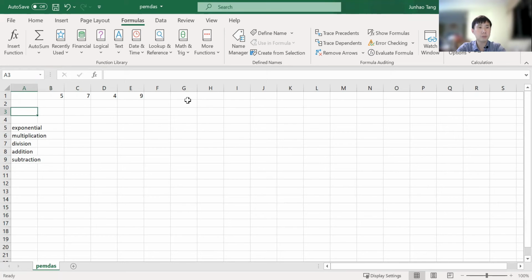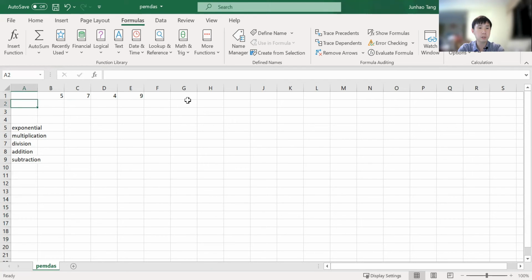Typically, if you have a few numbers over here like this, you might want to do some operations with multiplication and division. So let's take a look at the objective.